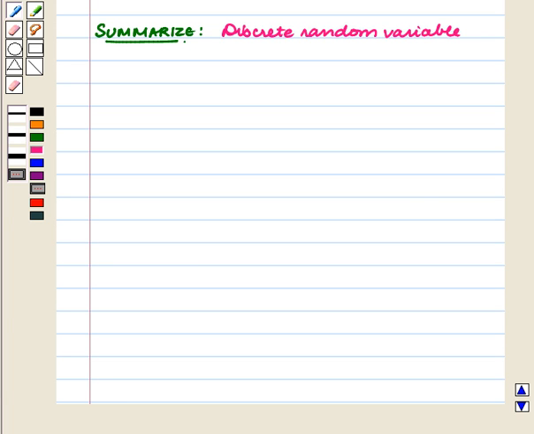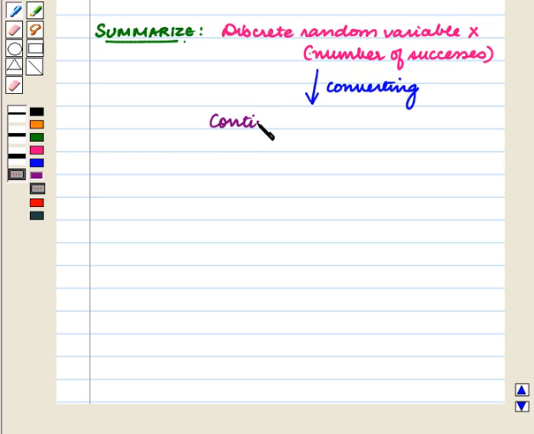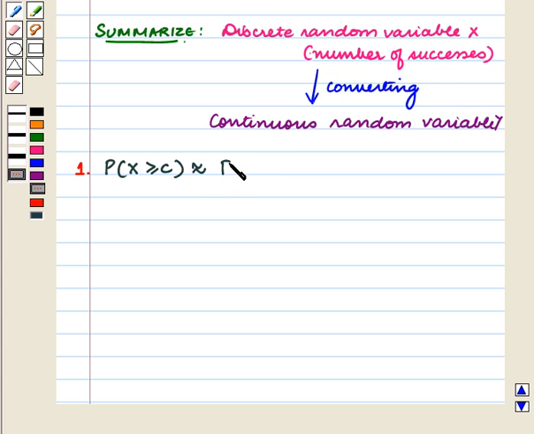Thus we summarize: to find the probability of a discrete random variable x, that is the number of successes, by converting to a continuous random variable y, we will follow the following rules. Probability of x greater than or equal to c is approximately equal to probability of y greater than or equal to c minus 0.5.